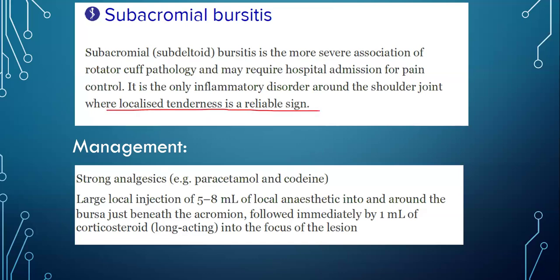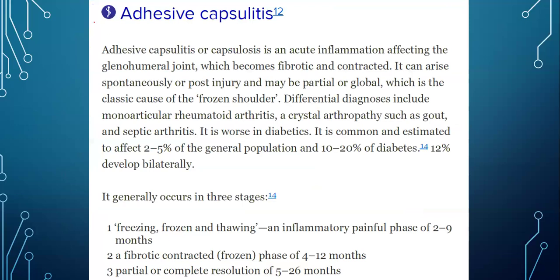So if there is a localized tenderness at a specific point of the shoulder, then we think of subacromial bursitis. The treatment can be a strong painkiller such as Panadeine, like paracetamol and codeine. But the very good treatment will be inserting a steroid injection into the bursa. That's usually the treatment.